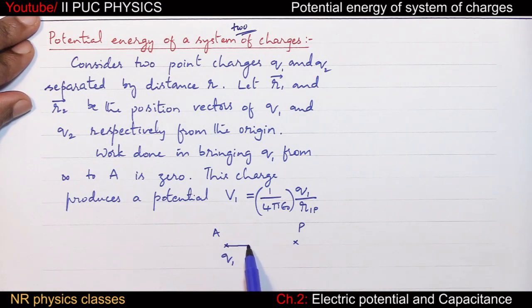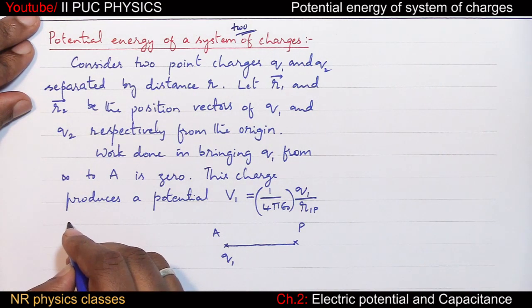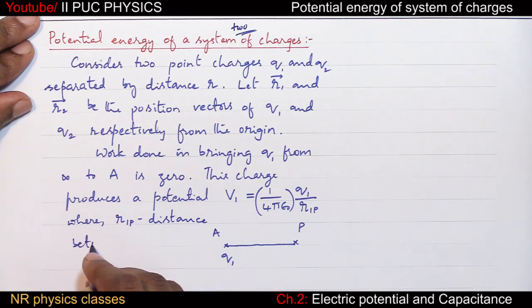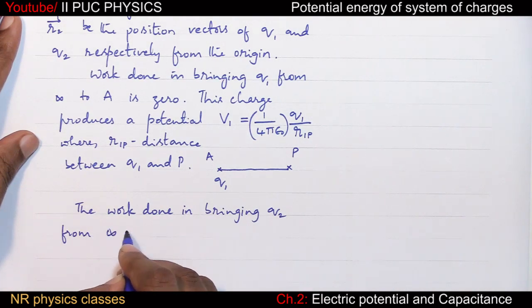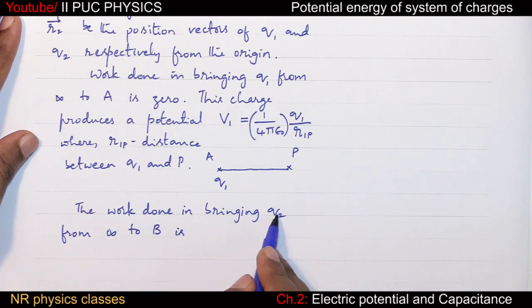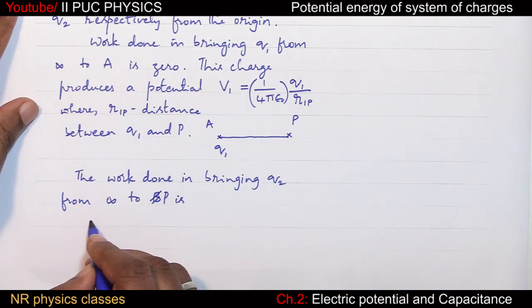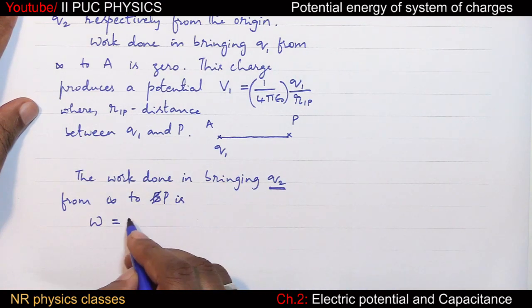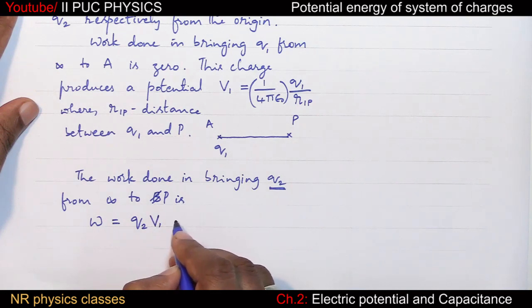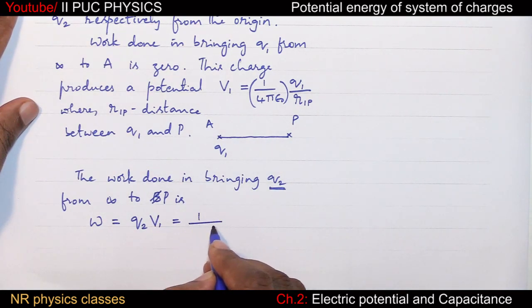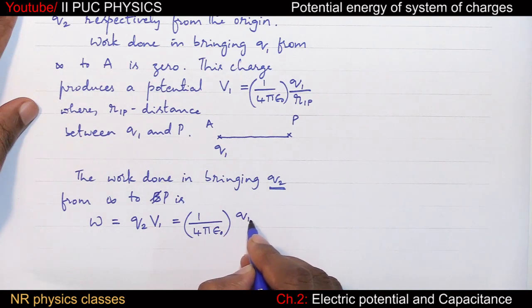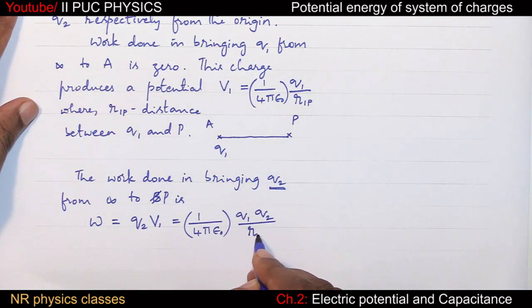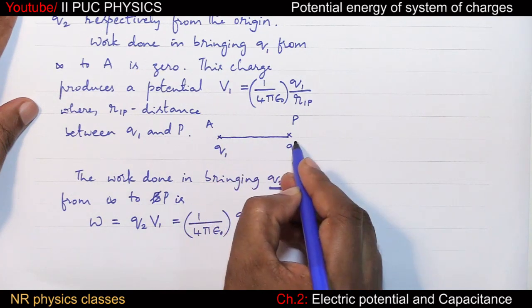R1P is the distance between A and P. The work done in bringing Q2 from infinity is equal to charge Q2 times V1, where V1 is 1 by 4 pi epsilon naught Q1 by R12, where R12 is the distance between these two charges Q1 and Q2.